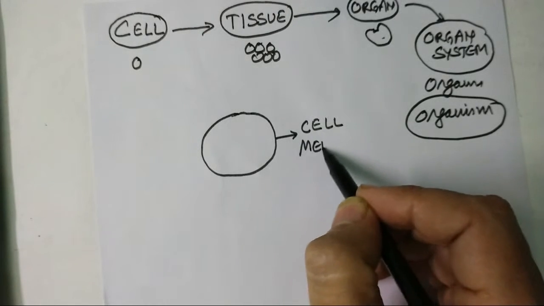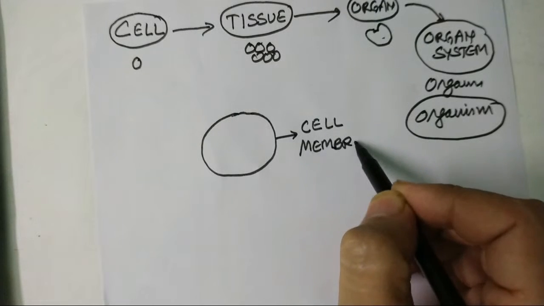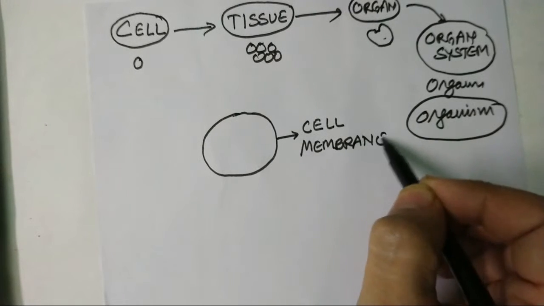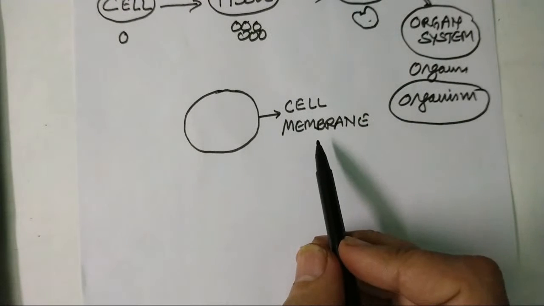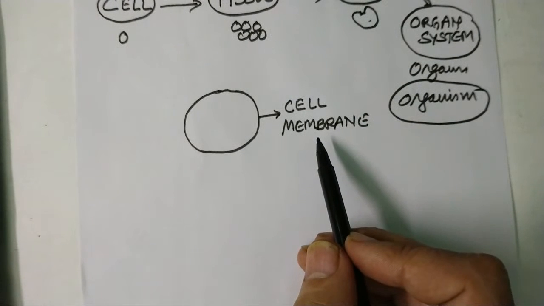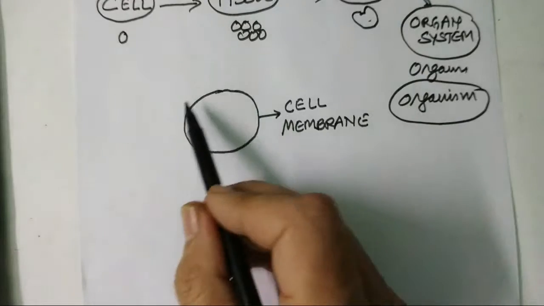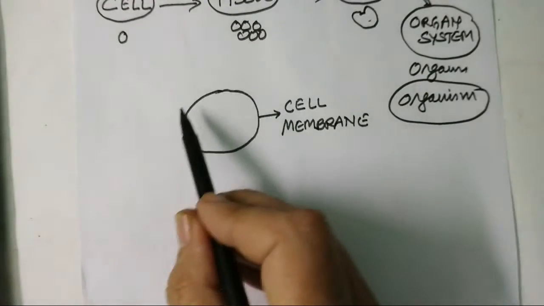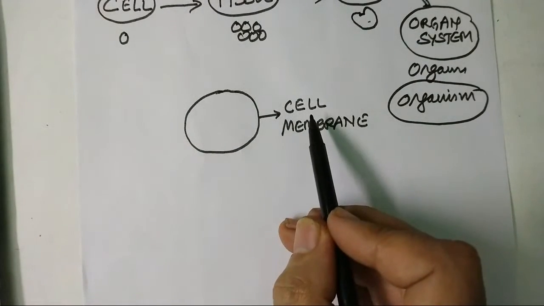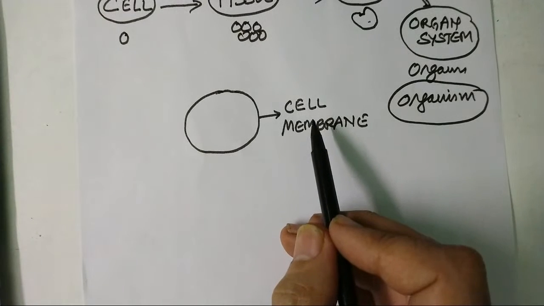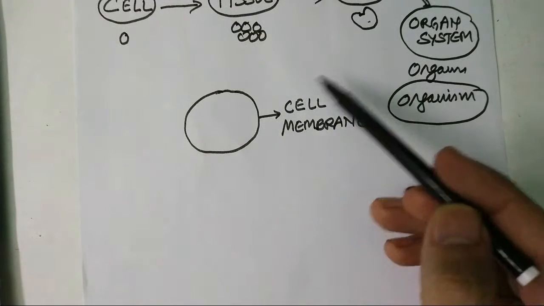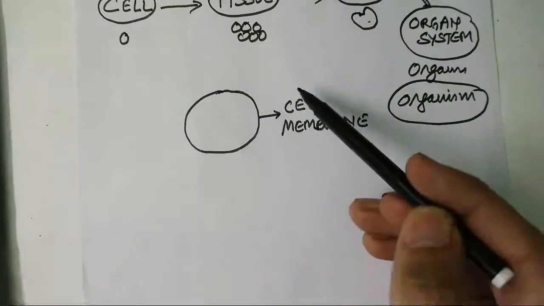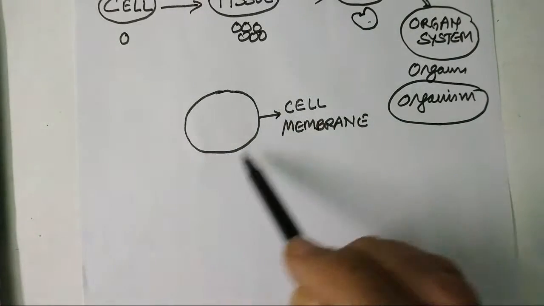It gives shape to the cell. Everything inside the cell is controlled by the cell membrane, so anything which enters the cell or goes out of the cell is controlled by this boundary.